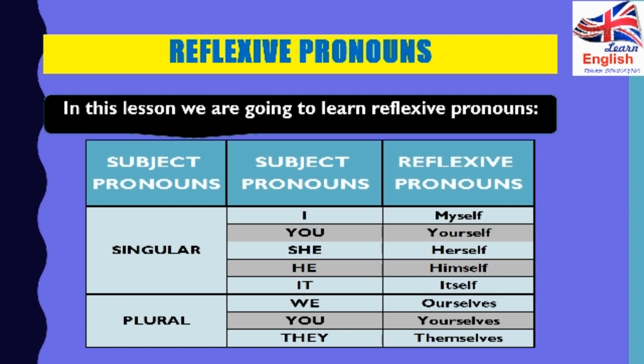So wherever you find the subject I, immediately you will find myself. It doesn't work to say I go to school with yourself. No, I go to school with myself. Clear?